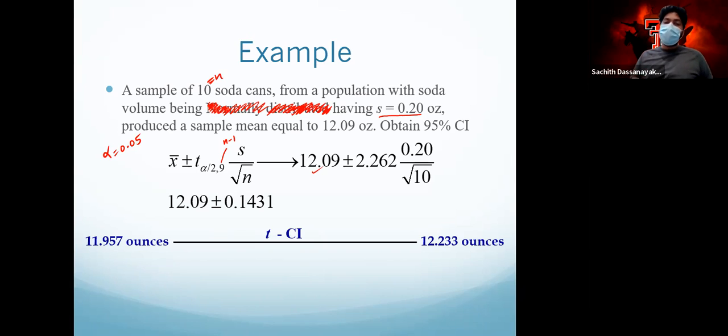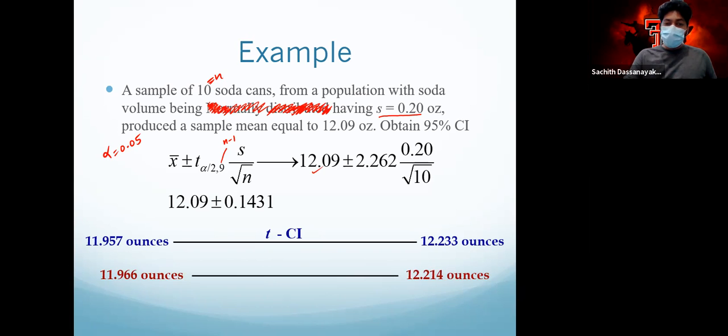Once you check the same example with the Z confidence interval, if you remember, those are the values for the Z confidence interval. We did this in the class. If we assume that it is normally distributed and we consider our sample is also normally distributed, then we get the Z confidence interval for the same example.